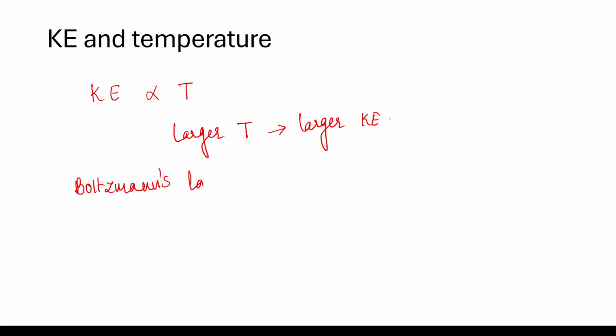So kinetic energy is proportional to the temperature. Again, this temperature should be the Kelvin temperature. Larger temperature, larger KE. And according to Boltzmann's law, you need to know that for your A-level physics, KE is half kT, where k is the Boltzmann constant.